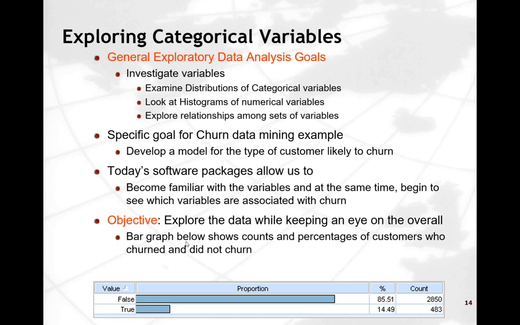To do that, we need to understand why they churned. We need to build a model that can predict churn for the company, right? And to build a good model, we need to include the relevant variables, right? We need to understand the relationship between the inputs and the target, right? So that's the purpose. And now we can move into the analysis.